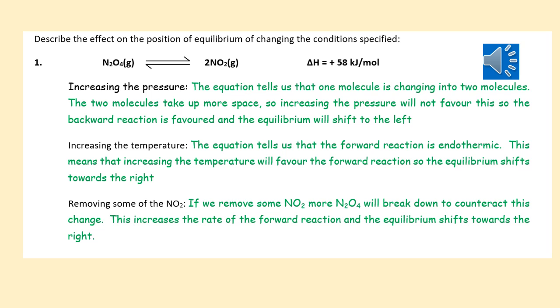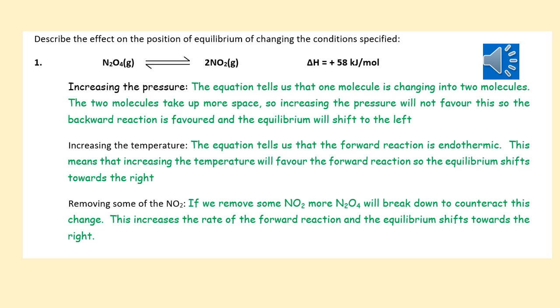So when you look at the questions now, okay, what's the effect of increasing the pressure? Well, increasing the pressure will increase the backwards reaction, with the 2 molecules changing into 1 molecule. Now the likelihood is that in this question you would have to tell the examiner what the effect will be and why. So the effect will be the backwards reaction will be favoured. Why?